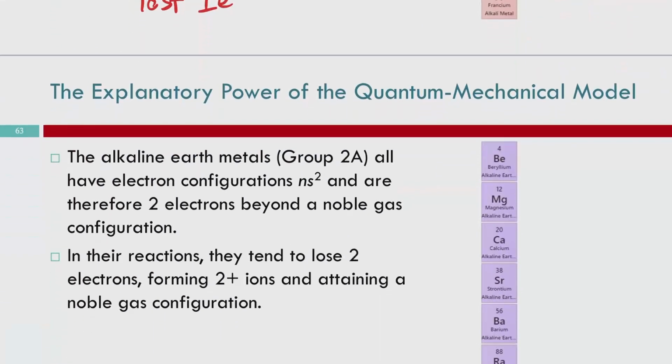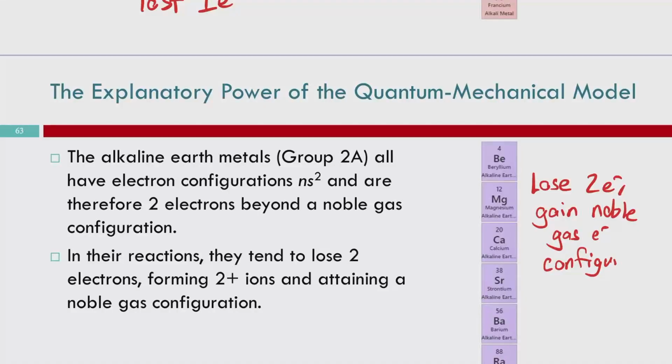Our alkaline earth metals are just one column over, sorry. And so they all have 2 s electrons. So if they lose 2 electrons, they gain noble gas electron configuration, which is especially stable.